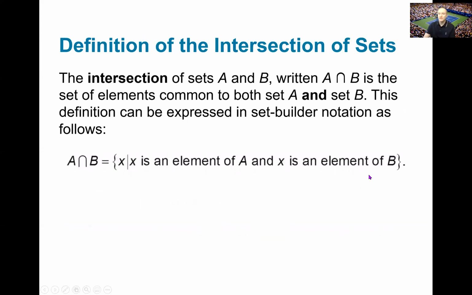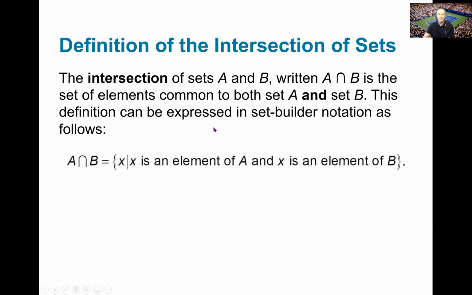Now, definition of intersection of sets. If I want to say the intersection of sets A and B, it looks like A ∩ B. It's A intersect B. It's just like a really high uppercase N. A intersect B is the set of elements common to both set A and set B. So it's only in the intersection if it's in both sets.